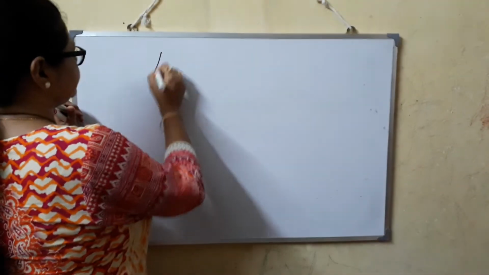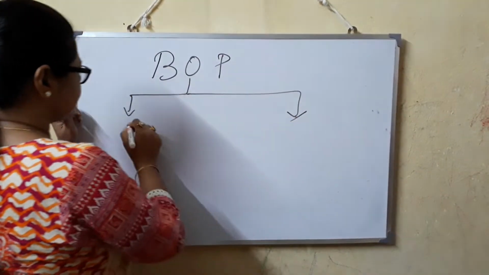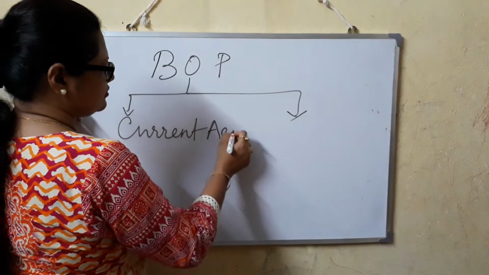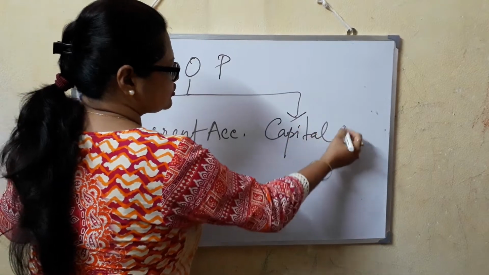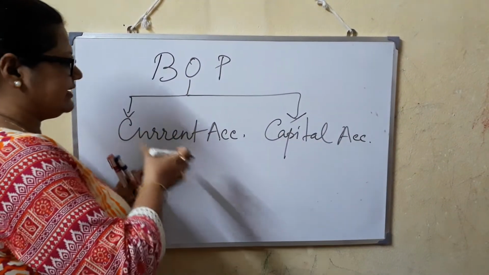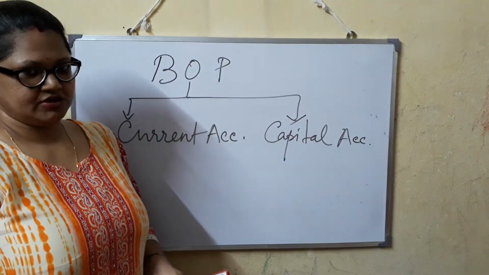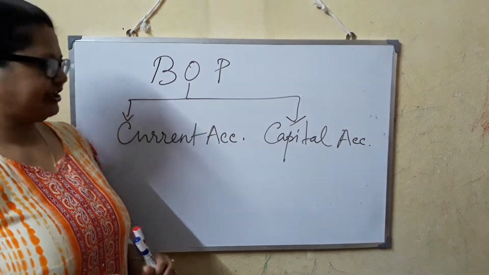BOP has two distinct parts. One is current account, another one is capital account. Individually, current account and capital account has their own components. But before even discussing about the components, let me tell you one particular thing.